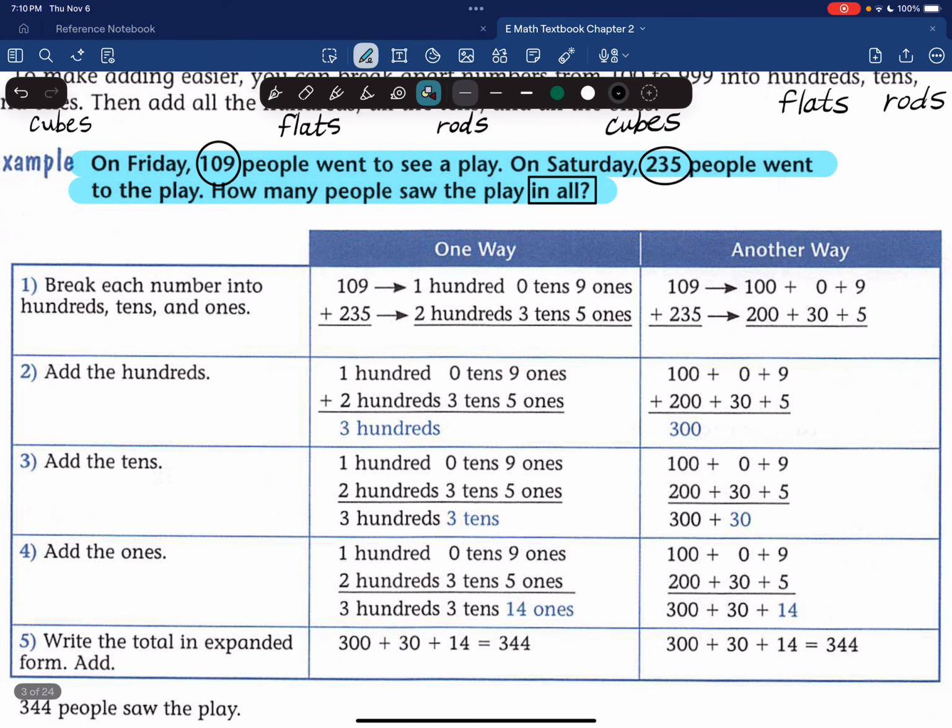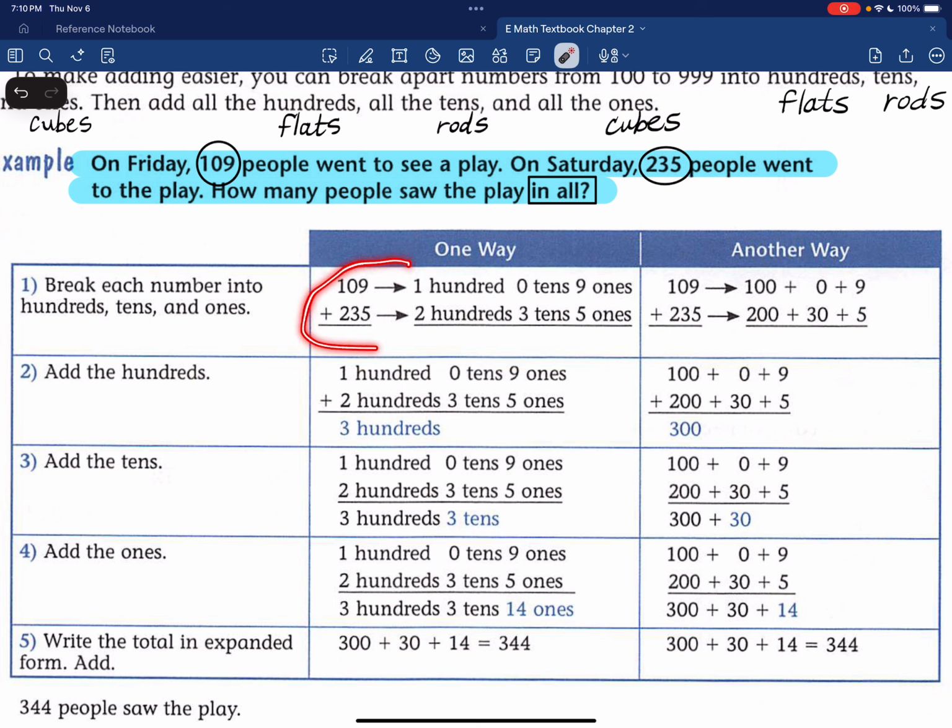So here are the steps using the break apart method. Step 1, we break each number into flats, rods, and cubes. And they show us 2 ways to do that. We can do it with this method, where we take the number 109 and we write out 100, 0 tens, 9 ones.